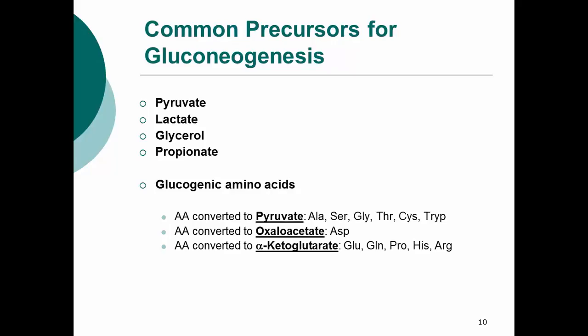For example, alanine, serine, and glycine, any amino acids that can be converted to pyruvate or oxaloacetate or alpha-ketoglutarate. These amino acids are all able to be used for glucose synthesis, right?